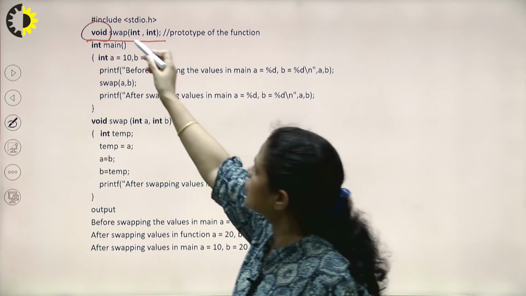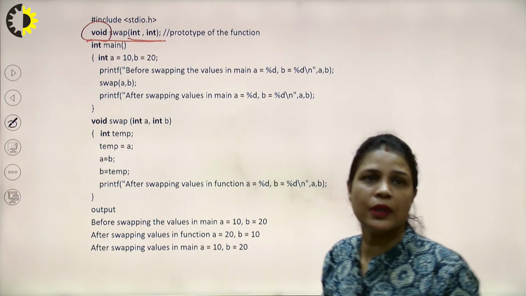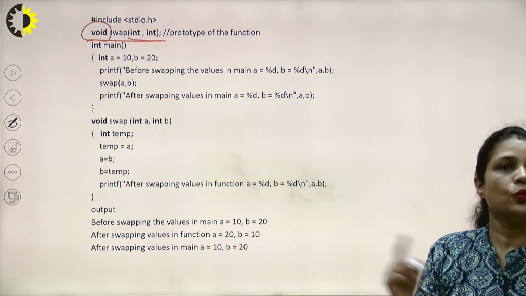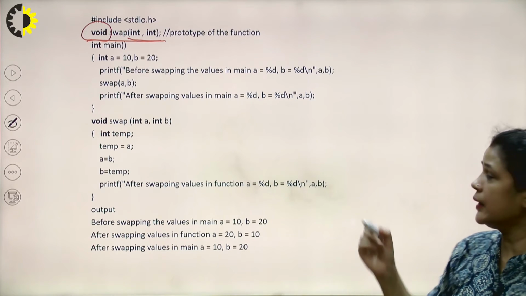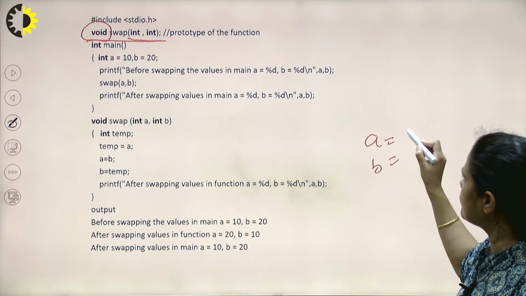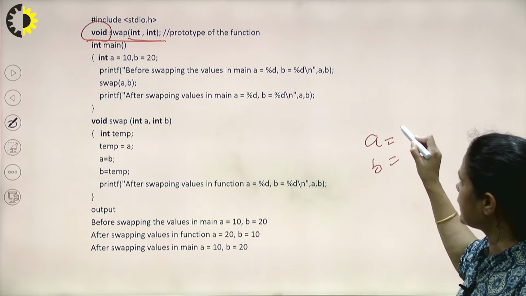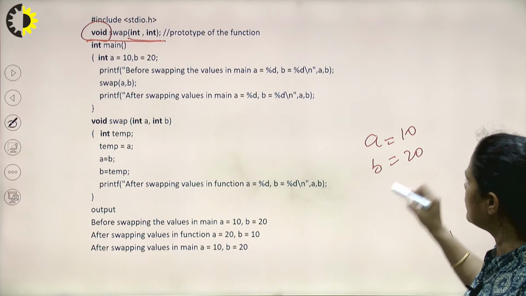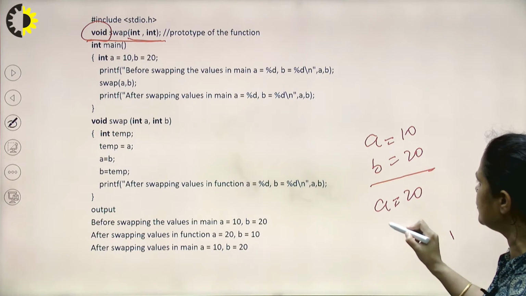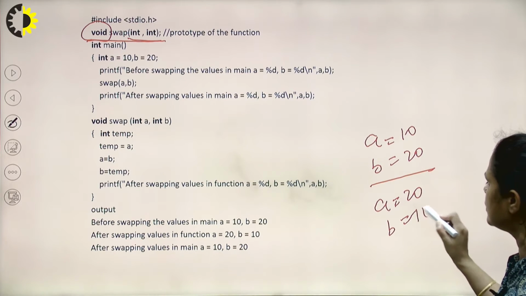And how many arguments do we need to take? As we want to swap two numbers, we will take two variables. Let's suppose a and b. Whatever values we are taking in a and b will be swapped. So after swapping, what result will we get? a is equal to 20 and b is equal to 10.